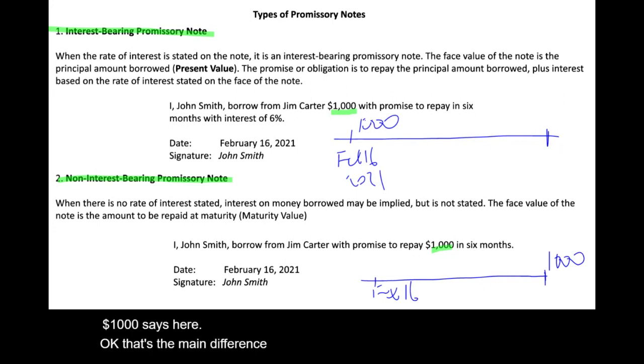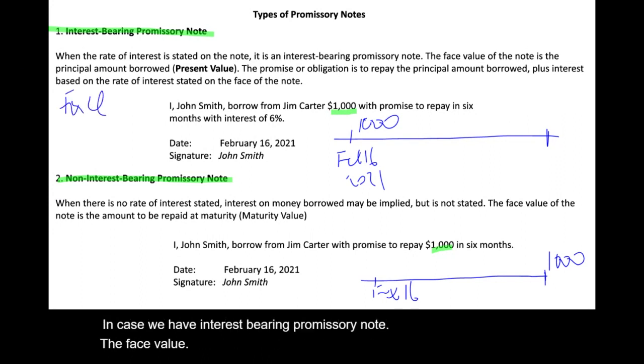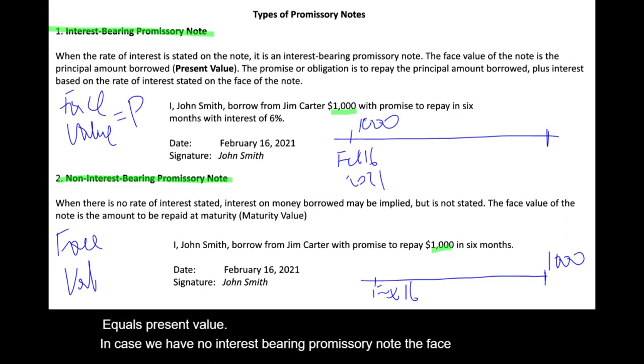So write this down, please. In case we have an interest-bearing promissory note, the face value equals present value. In case we have a non-interest-bearing promissory note, the face value equals future value.